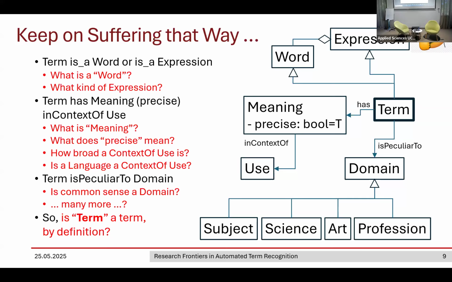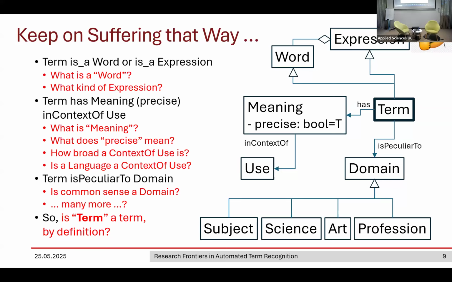In that sense, is common sense a domain? So the things we know commonly, like there is a gravity here. This is the part of common sense. Is it a domain? Could terms be common sense terms? And many more questions.